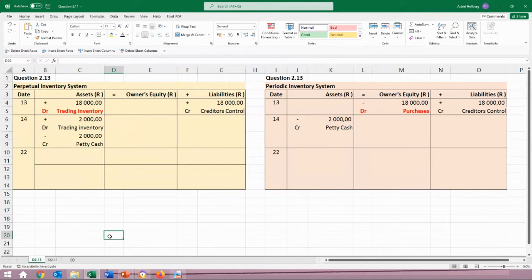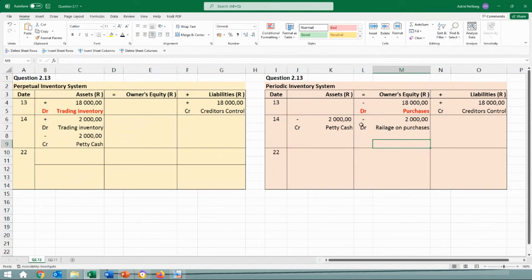Whereas under the periodic system, we will take any cost relating to the purchase of inventory to that specific expense account. So that means we will debit railage on purchases under the periodic.